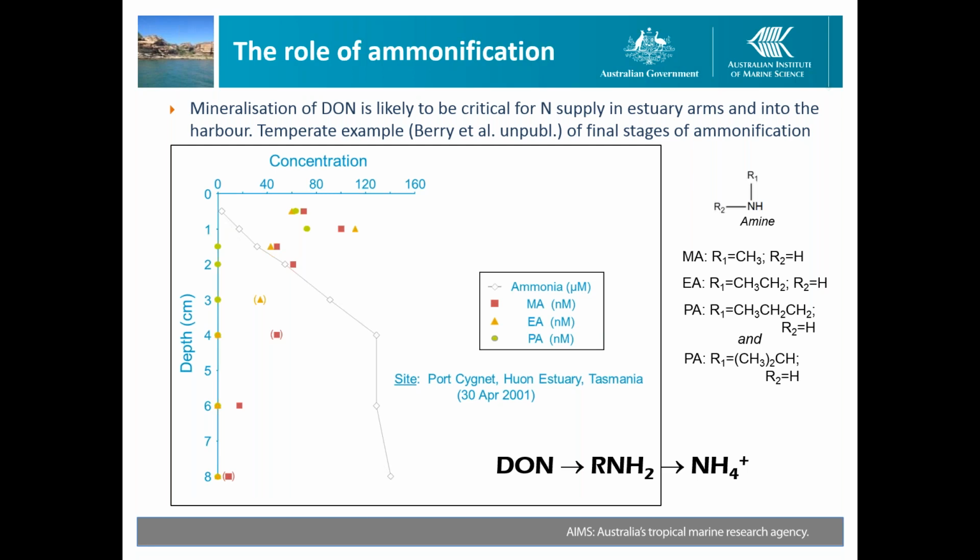The plot shows diagenesis of small organic nitrogen molecules, amines, into the sediment. The different symbols represent methyl, ethyl, and propylamine concentrations in pore waters. The larger propylamine, the green dot, is exhausted first, followed by deeper into the sediment ethyl and then methylamine.